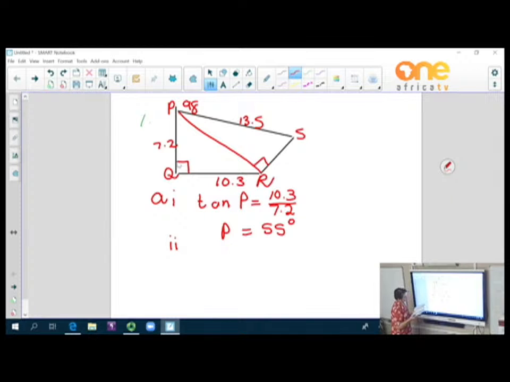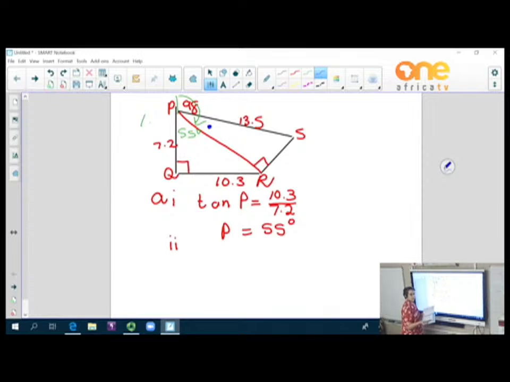Number 2, write down the bearing of R from P. Now the bearing of R from P is this one, R from P, north clockwise. I know now that this angle is 55 degrees. I know that this is a straight line. So what I need to find is this little angle first, and then I can add it to 98 degrees.